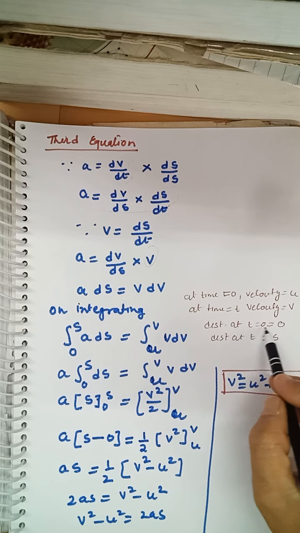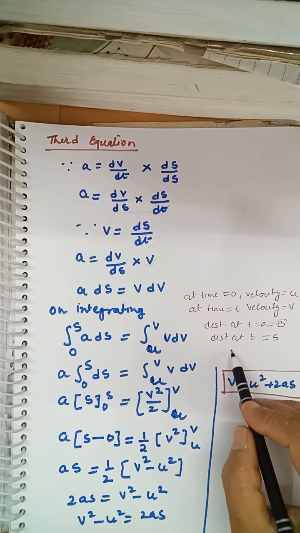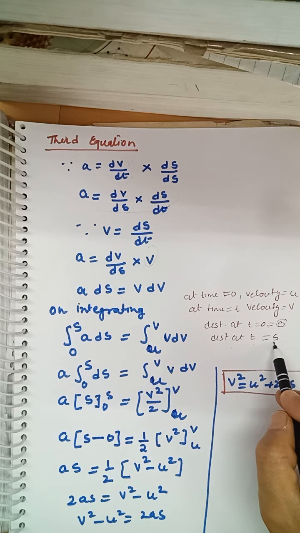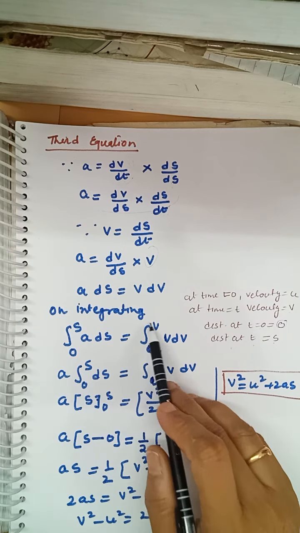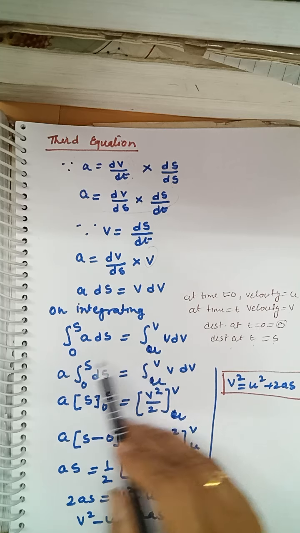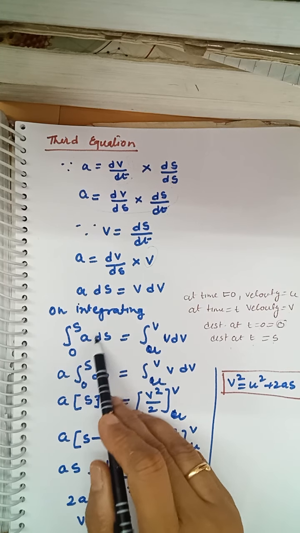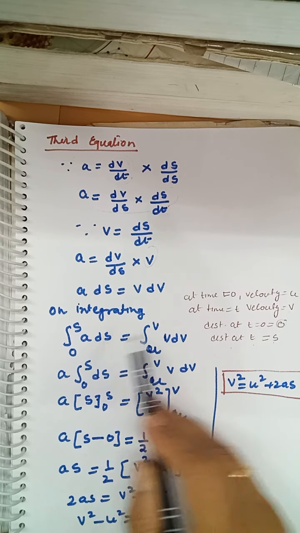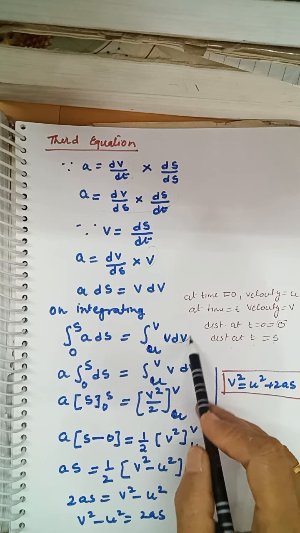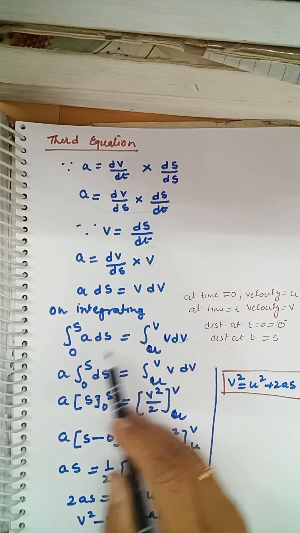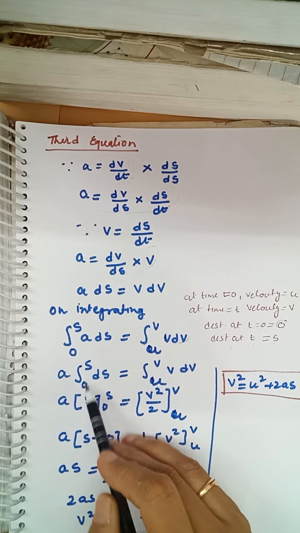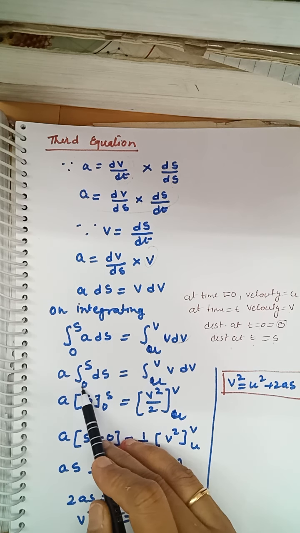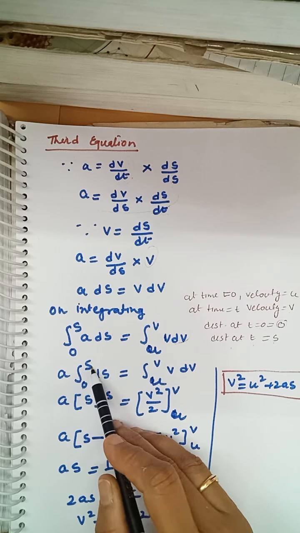At time t is equal to 0 the displacement is 0, but at time t the displacement is s. Now when you apply the integration, here you are integrating with respect to displacement, and here with respect to velocity. a is constant, so take it outside, with limit 0 to s, because you are going to calculate displacement from 0 to s.